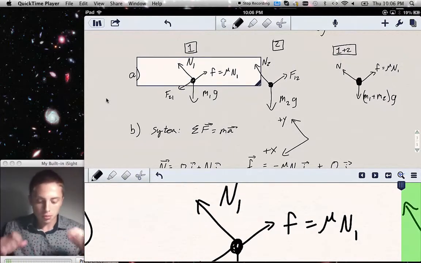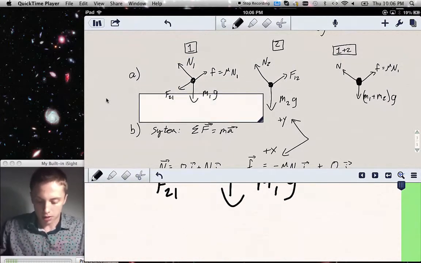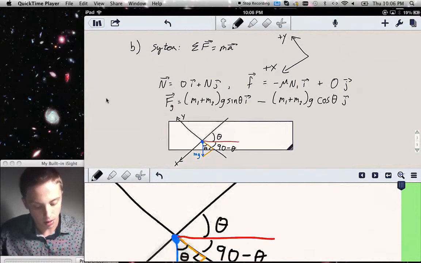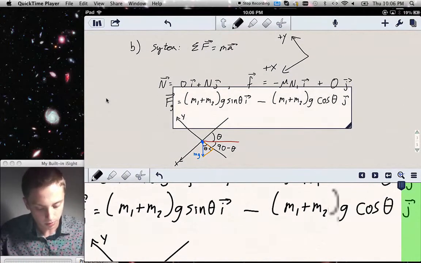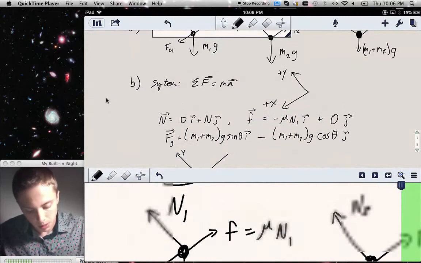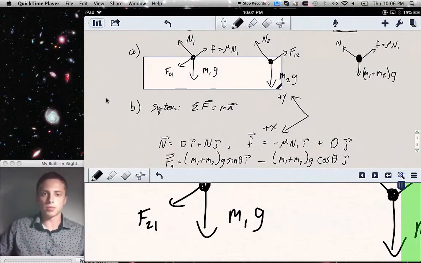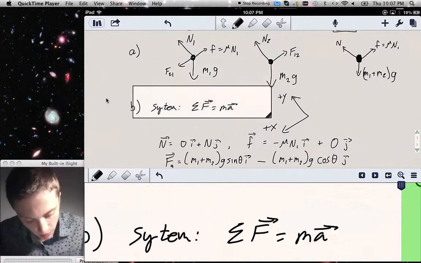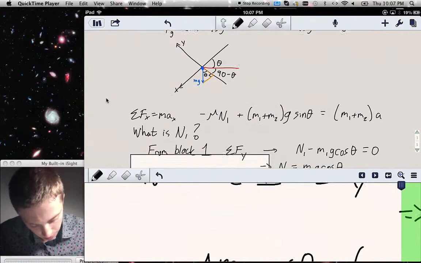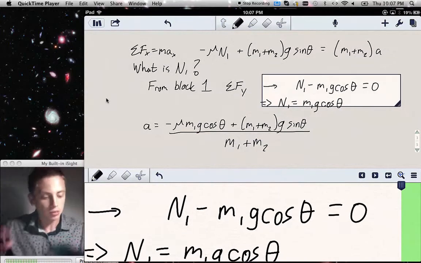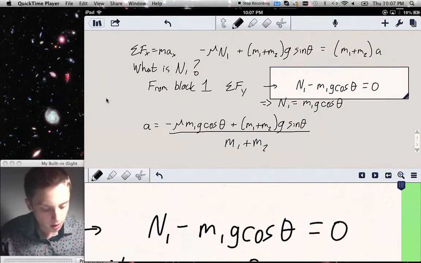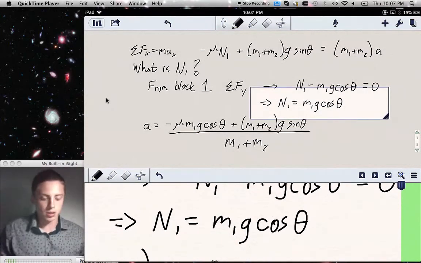We'll get N1 minus, for similar reasons as this other vector decomposition here, the y component of m1g to be m1g cosine theta with a minus sign in front. So we get N1 minus m1g cosine theta is 0, which tells us that N1 is m1g cosine theta.